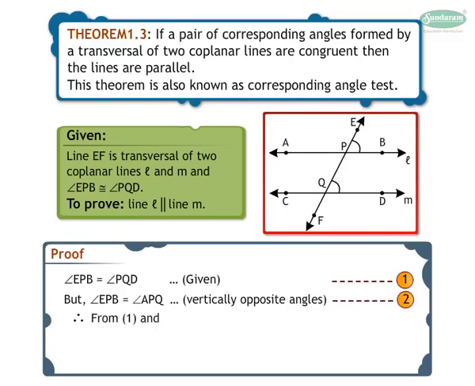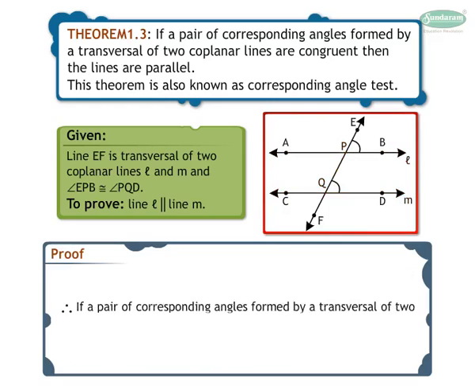Therefore, from statements 1 and 2, angle APQ is equal to angle PQD, which are alternate angles. Thus, from the alternate angle test, line L is parallel to line M. Therefore, if a pair of corresponding angles formed by a transversal of two coplanar lines are congruent, then the lines are parallel.